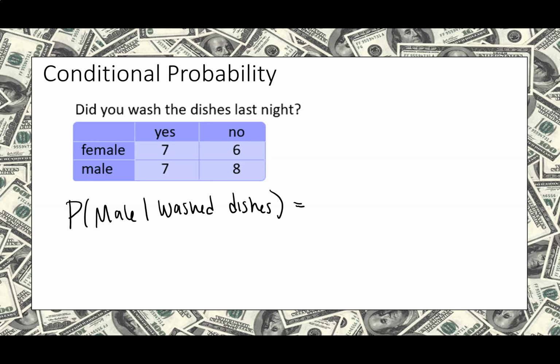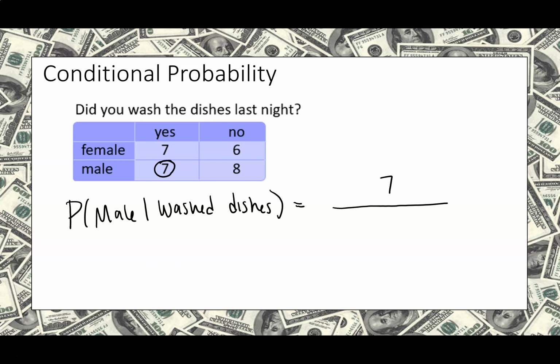Okay. Well, I kind of want to, instead of writing this out in words, I want to start circling the big thing and then the little thing. Well, we know our numerator is going to be male and wash dishes. Well, where's the male and wash dishes? That's right here. Okay, that and is both male and washes dishes.